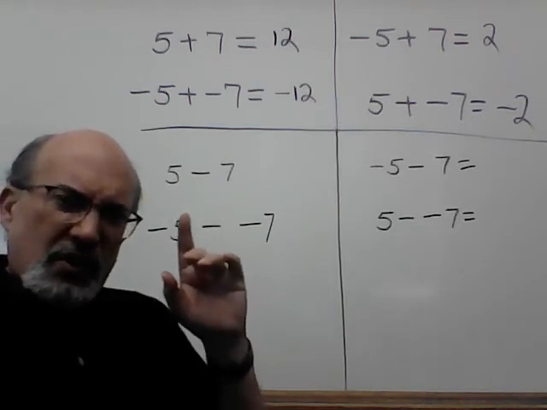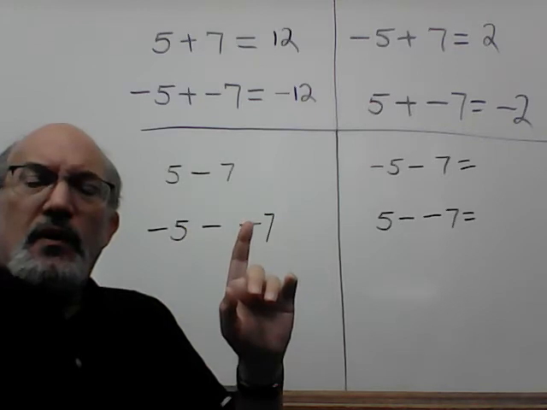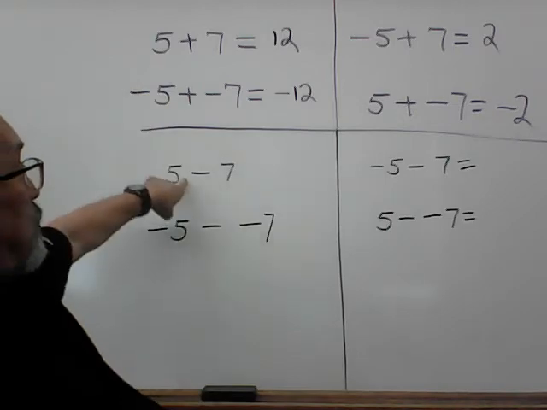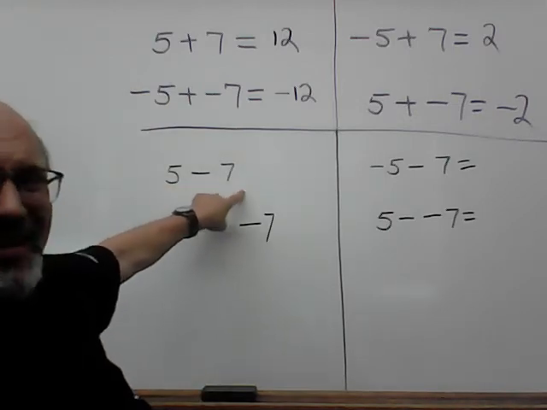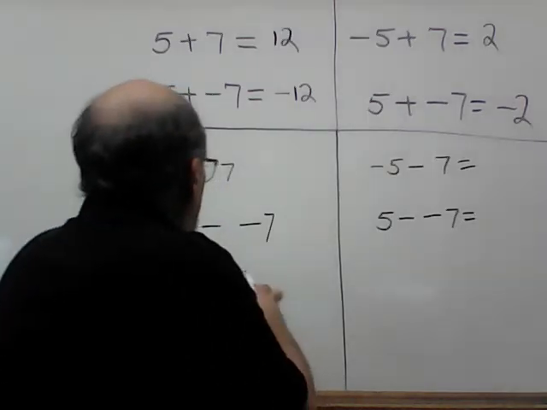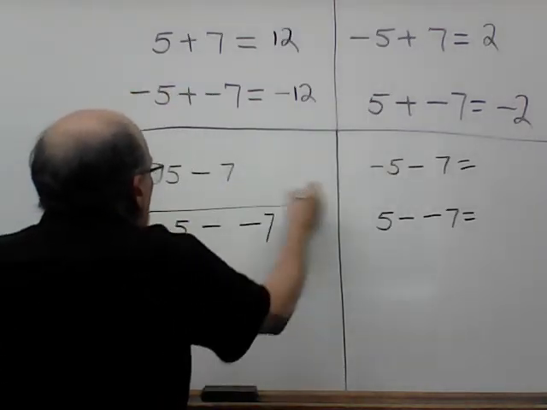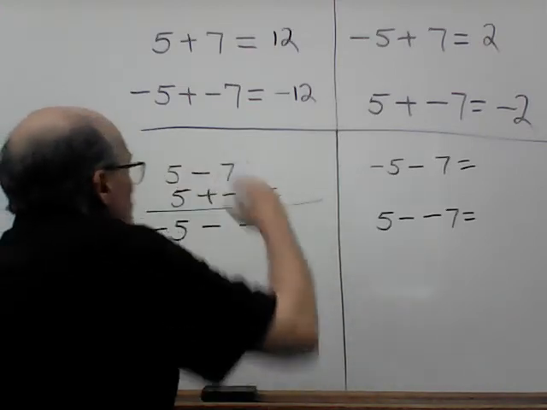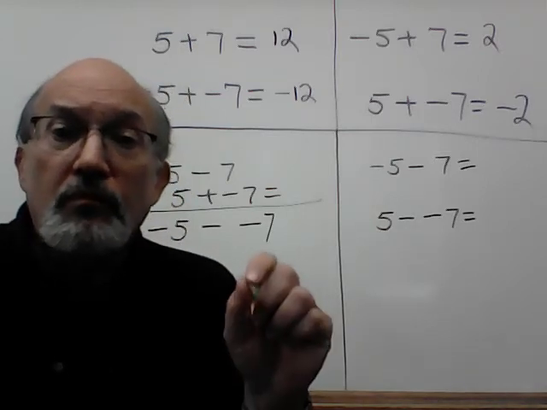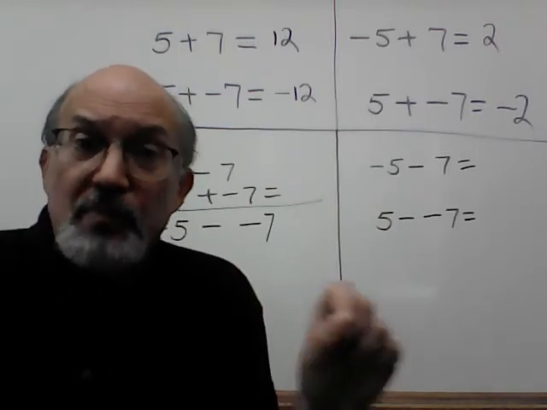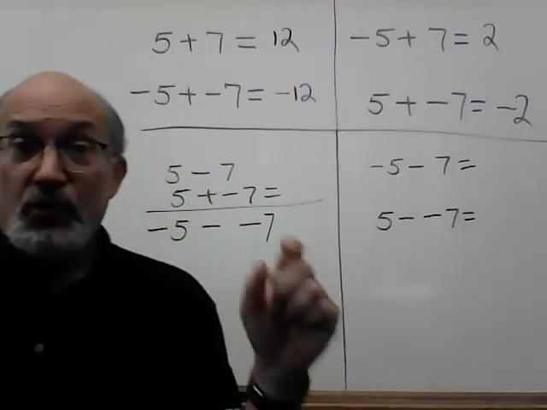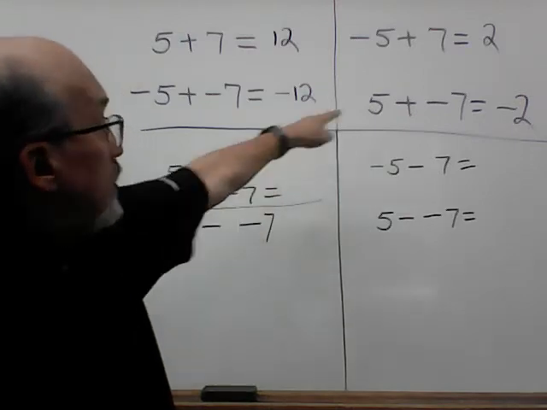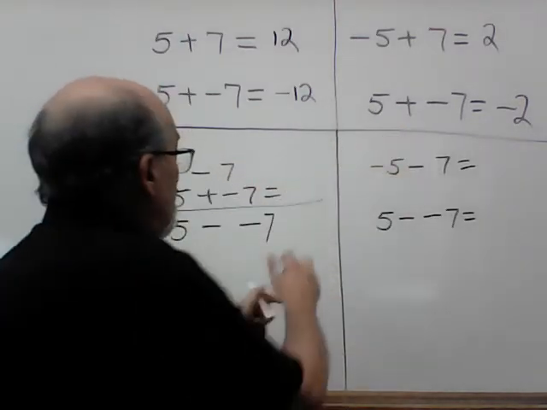But how do we subtract a number? We subtract a number by adding its opposite. So 5 minus 7 is 5 plus the opposite of 7, which is -7. So 5 minus 7 is 5 plus -7. So this one here is actually over there as an addition, -2.